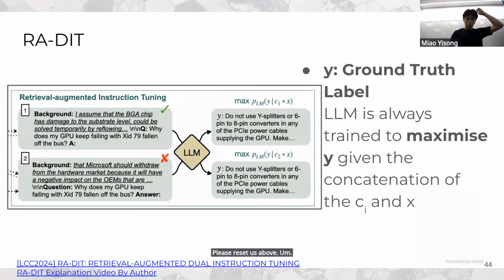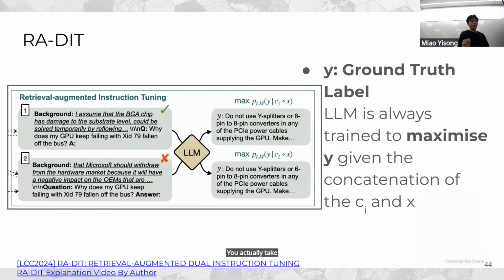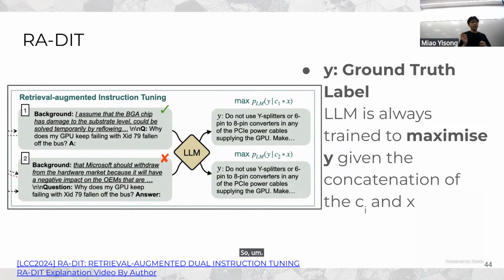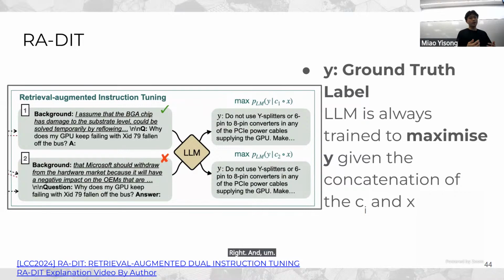But now, instead of any other kind of loss function, you actually have a ground truth label. It's the actual answer given your query, without a context, right? So the LLM is trained to essentially give the same ground truth label no matter the context. And you might be asking why the authors do this, right?